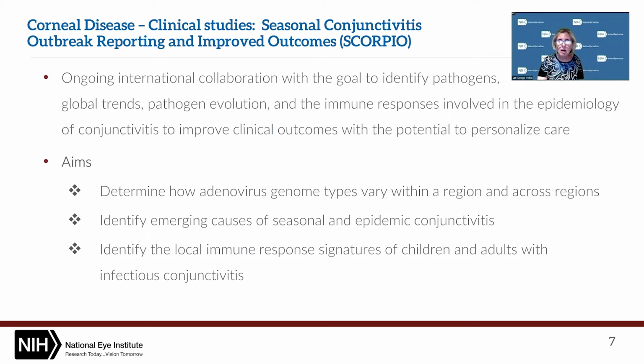This is a large ongoing international collaboration with the goal to identify pathogens, pathogen evolution, global trends, and immune responses involved in the epidemiology of conjunctivitis to improve clinical outcomes, with the potential to personalize individual patient care. Their aims are determining how adenovirus genome types vary from region to region, identifying emerging causes of seasonal and epidemic conjunctivitis, and identifying local immune response signatures of children and adults with infectious conjunctivitis.